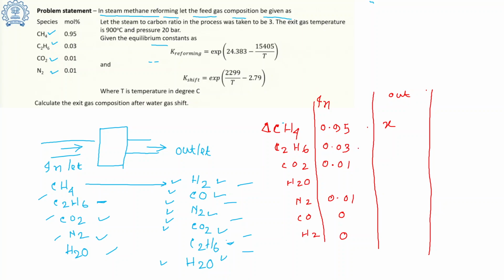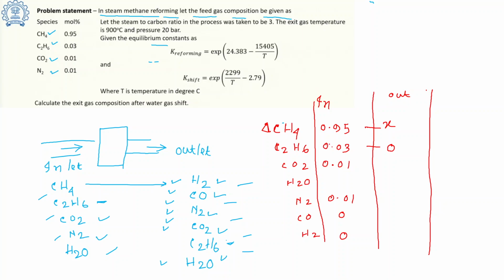And just for simplicity, let's assume that the ethane will be wholly consumed, and the outlet ethane will be 0.